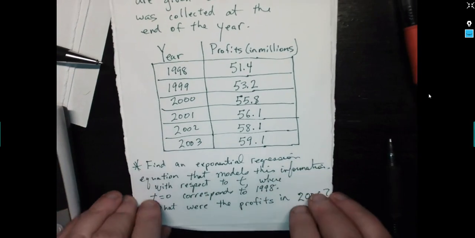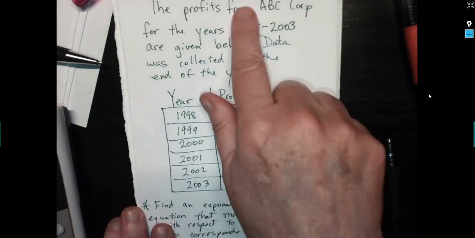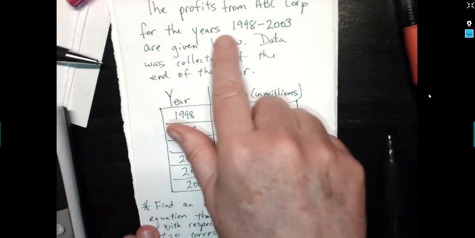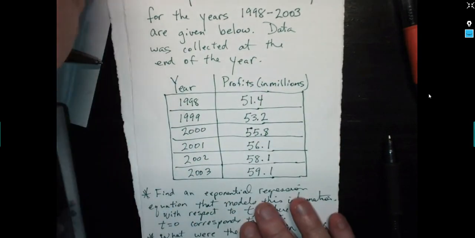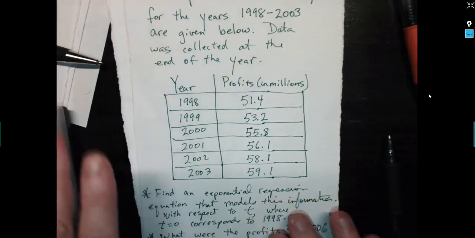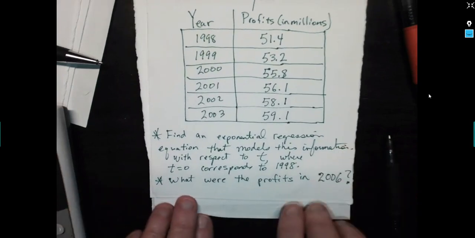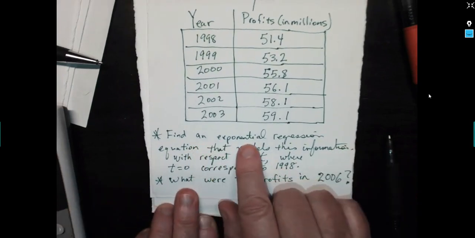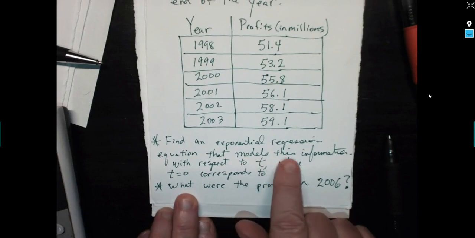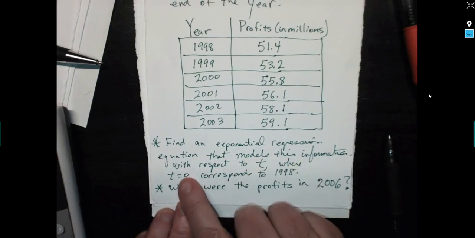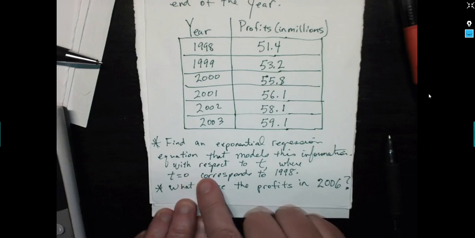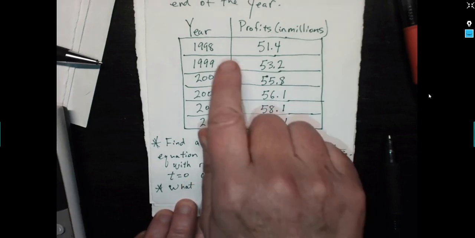Okay, now this says, all right, the profits from ABC Corporation for the years 1998 to 2008 are given below, and the data was all collected at the same time of the year, at the end of the year. This says to find an exponential regression equation that models this information with respect to t, where your time begins, t equals 0, corresponds to the year 1998.